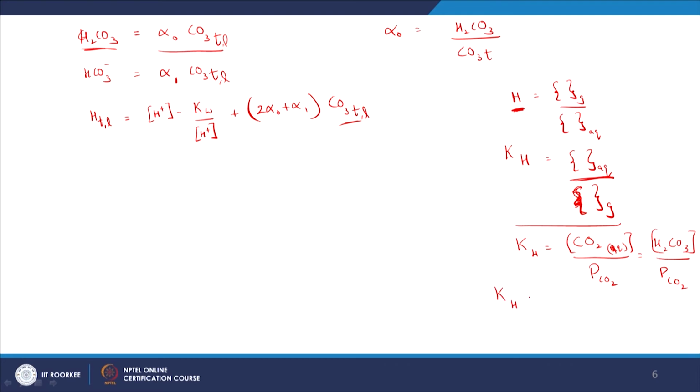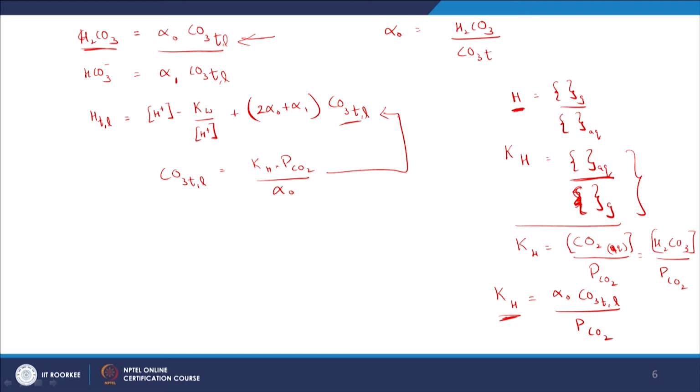Henry's constant, or KH, written in the form of aqueous by gaseous concentrations, is going to be equal to alpha naught, and this is from the earlier equation, alpha naught into CO3 total in the liquid by partial pressure of CO2, right. So what is the take home message here? That CO3 total in the liquid phase is going to be equal to KH into PCO2 by alpha naught.